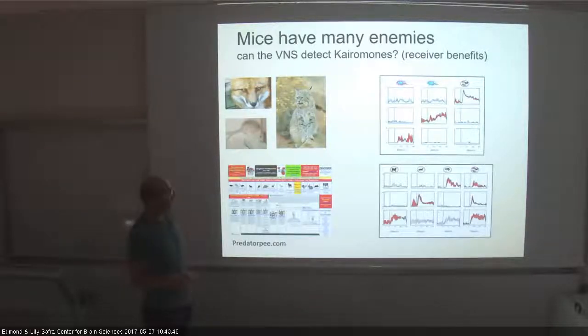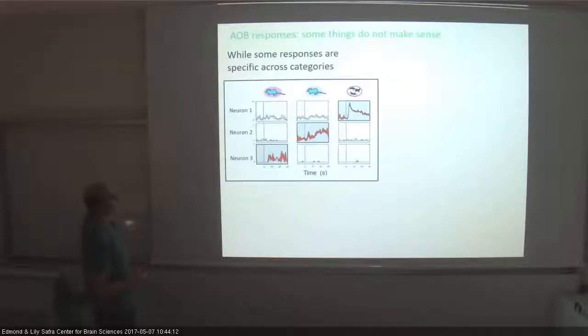And we can also see that different individual neurons can distinguish between different individual predators. So one neuron may respond to fox urine but not to rat urine, whereas some neurons may respond to rat but not to bobcat or to fox urine. So this system is not just confined to stimuli from other animals within the same species. It can also act across species.